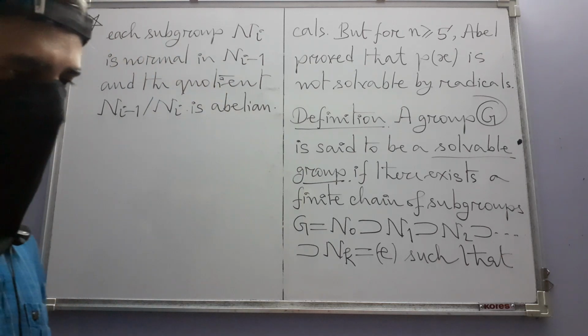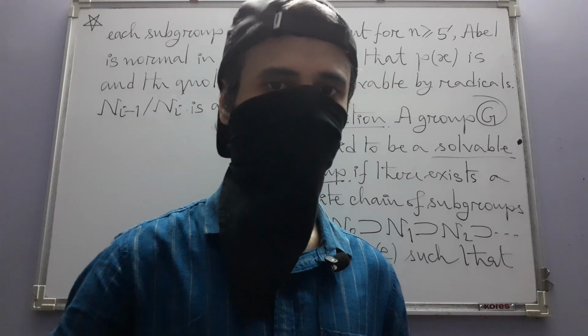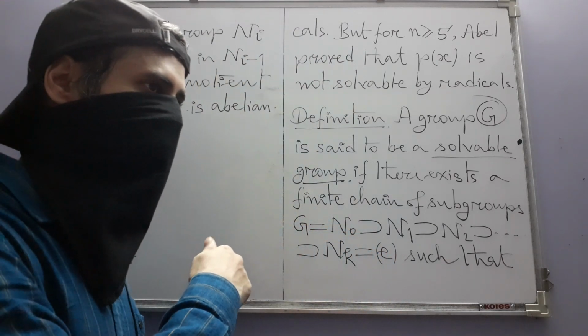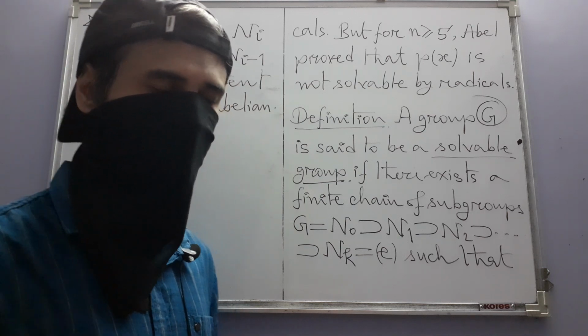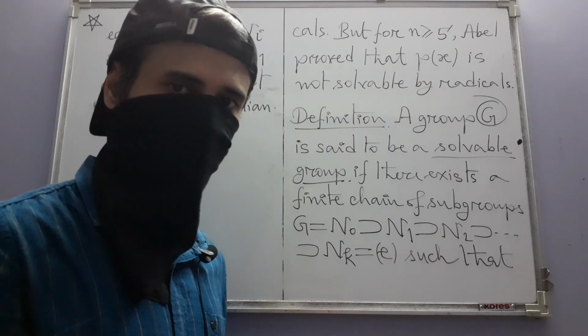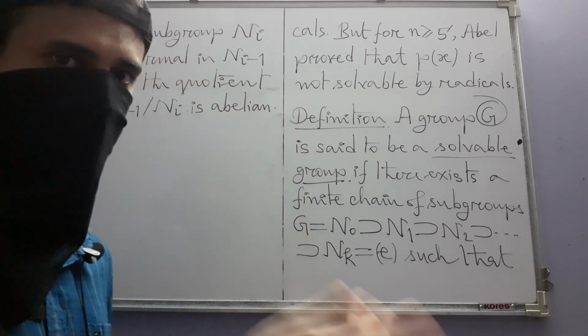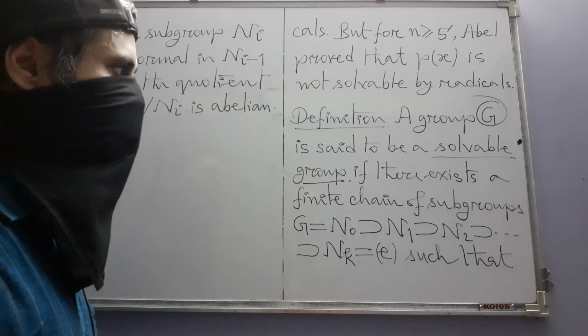You can perhaps understand the reason for having this kind of name. On one hand, we are saying solvability of a polynomial by radicals. On the other hand, we are also saying a solvable group. So this will be linked, and we are going to see this link when we dive deeper into this subject.